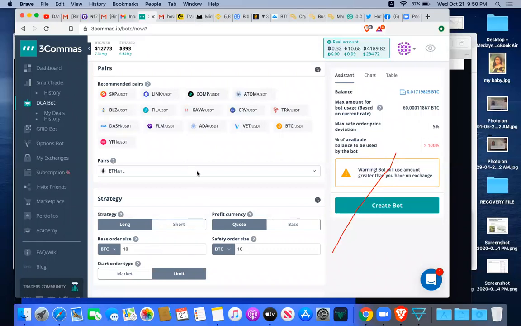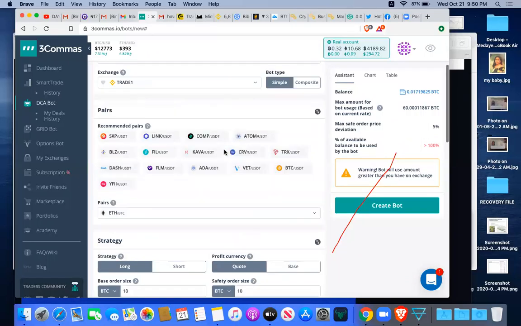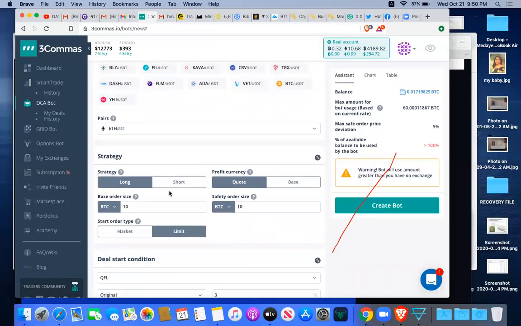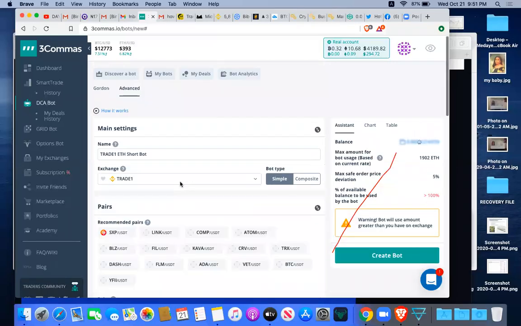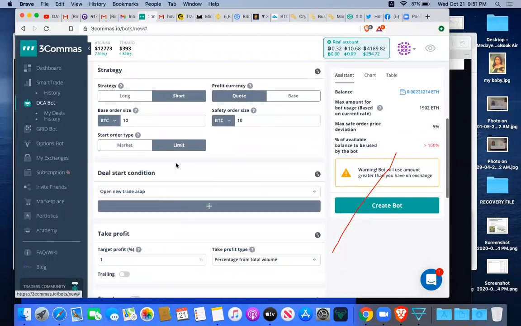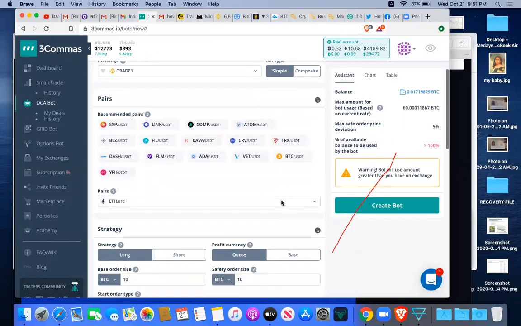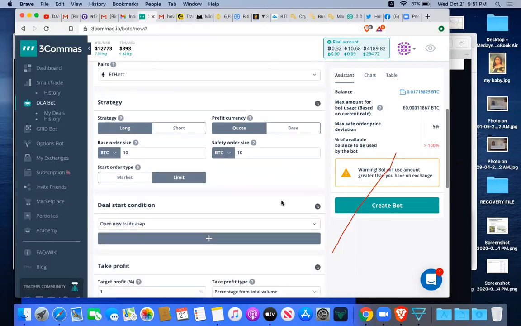If I'm going for BTC, ETH, I hope I'm in simple. Yes, I'm in simple. All right. Now, what strategy? Am I going long or going short? Long is what I'm going, meaning I'm buying Ethereum with BTC, with the expectation that Ethereum is going to go up. Then look at BTC.